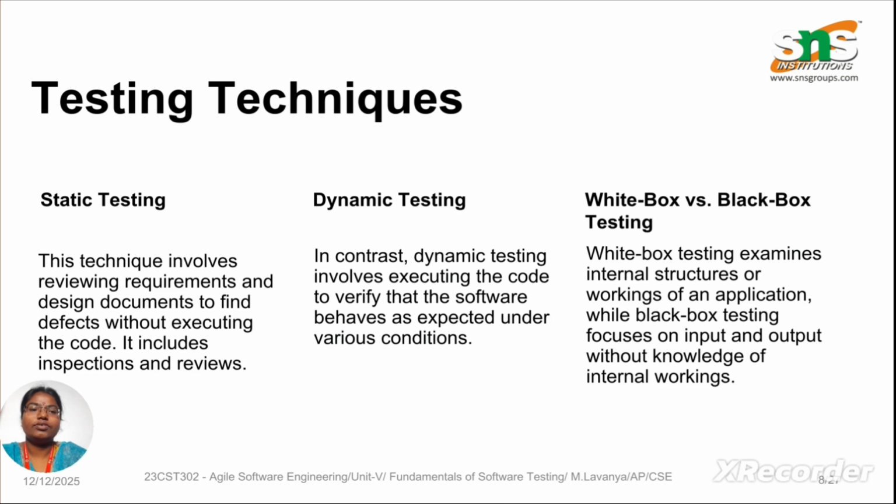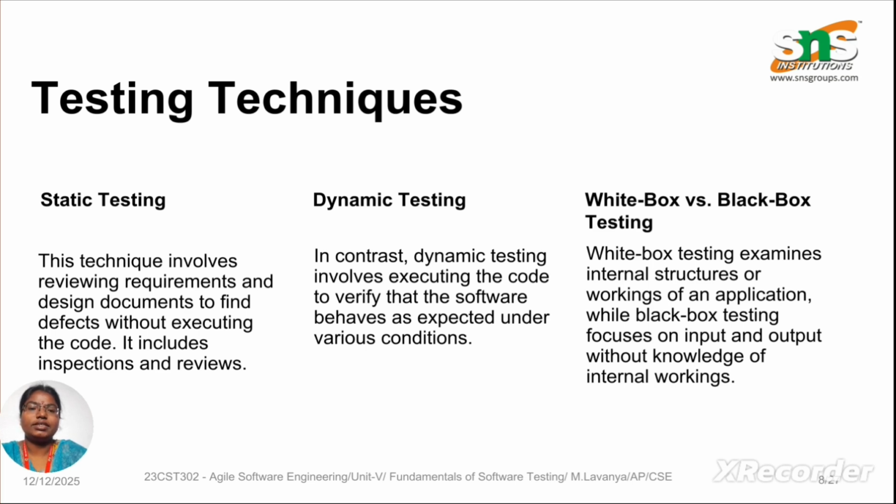Then the software testing techniques. There are multiple techniques in software testing, and in further classes we will be seeing the different types of testing techniques. First, software testing techniques are classified into static testing and dynamic testing.